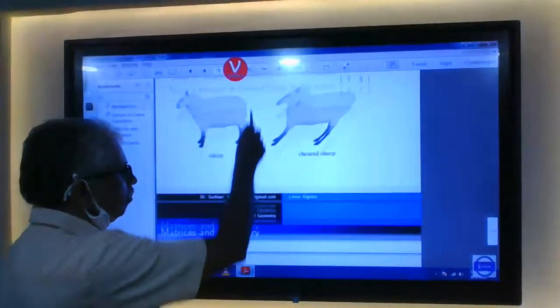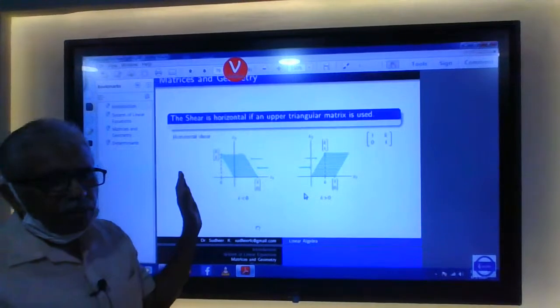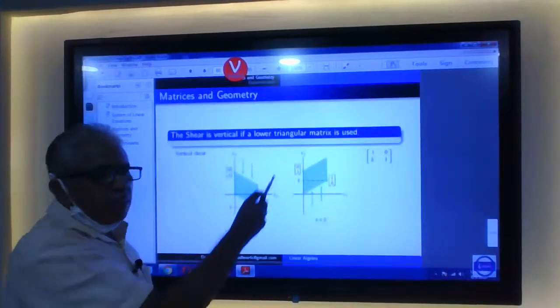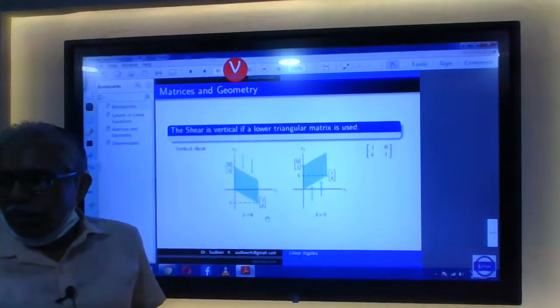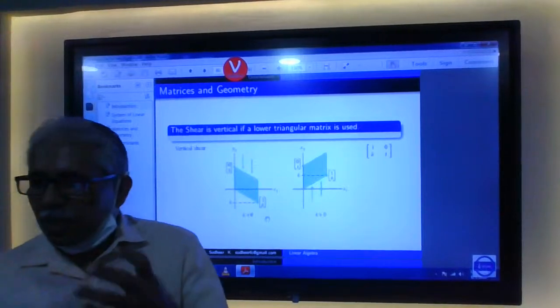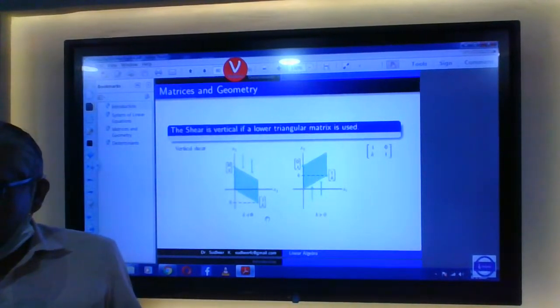Now, shearing can be towards right or left. Shearing can also be towards the upper side or lower side. For that, you can guess which type of matrices will be there.